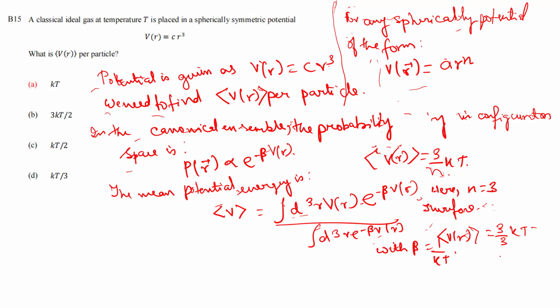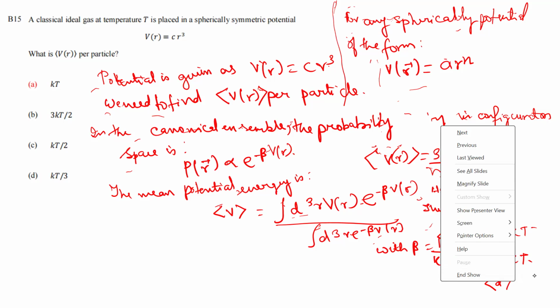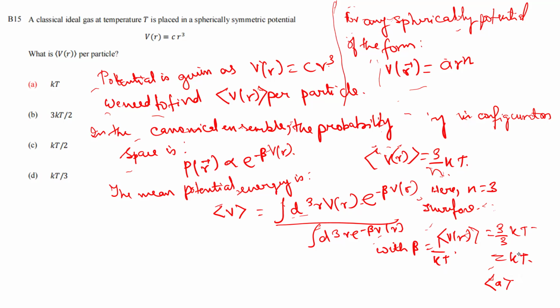So here 3 by 3 is equal to 1, we have kT. So basically the mean of V(r) is kT. So option A of the given problem is correct.